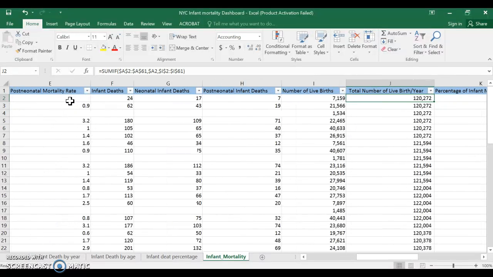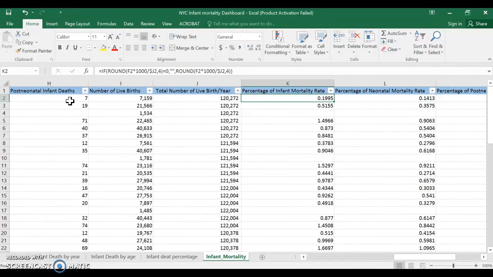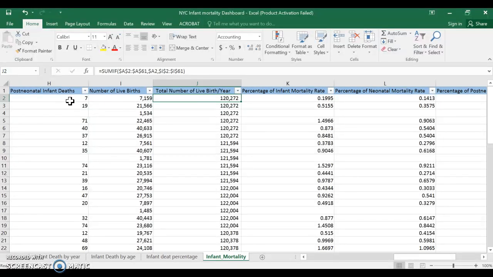To make this dataset more useful, I have added a few additional columns to show, for instance, the number of babies born in a specific year, then the number of infants who died in a specific year.